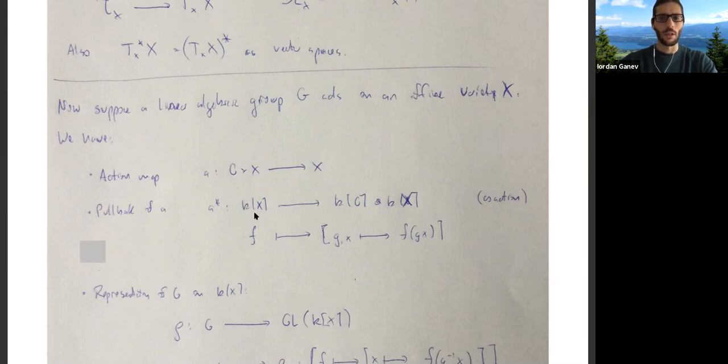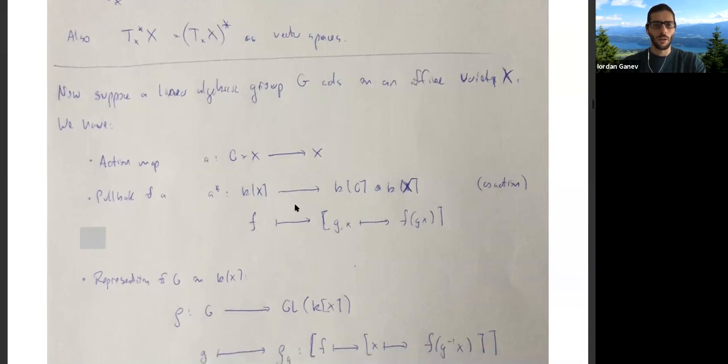So we get an algebra homomorphism from K[X] to K[G] tensor K[X], given by the following formula. This is just the pullback of the action, and you can think of this as a co-action of K[G] as a Hopf algebra.